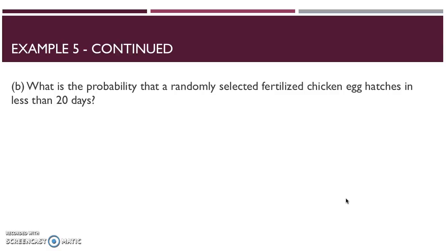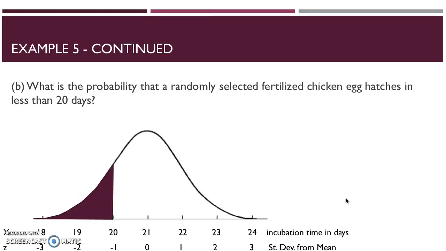So going back to this thing with the chickens, if we want to find the probability that a randomly selected fertilized chicken egg hatches in less than 20 days, I want to start by drawing a picture. I know that x is 20 and less than 20 means I should shade to the left. That also shows me, since it's right on that line, that my z-score is -1. I don't actually have to do a lot of work in this problem.